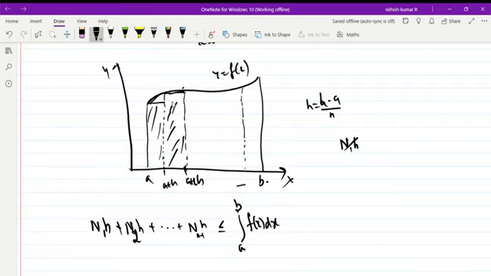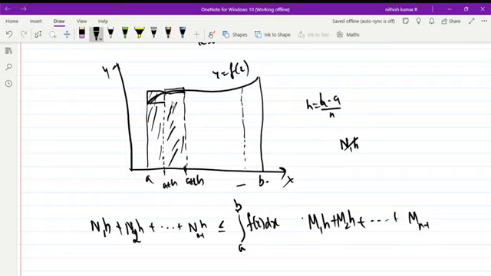Now if I consider the maximum value between a and a plus h and draw the rectangles, and denote this maximum value by M1, then the area of this rectangle will be M1 into h. Similarly, for the second interval, it is M2 into h, and add all the areas of the rectangles.